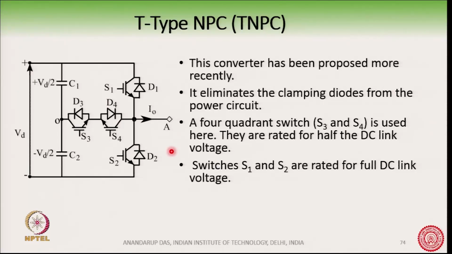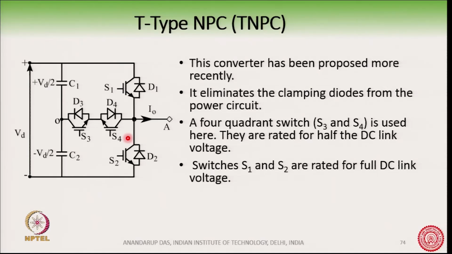Okay. Now, this switch is a 4 quadrant switch. Which means that this switch has to block both positive and negative voltage, right, and the current through this switch should be bidirectional. You can see that if S3 and D4 are conducting, the current will flow like this here. If S4 and D3 are conducting, current will flow like here. So, this switch is a bidirectional current switch.